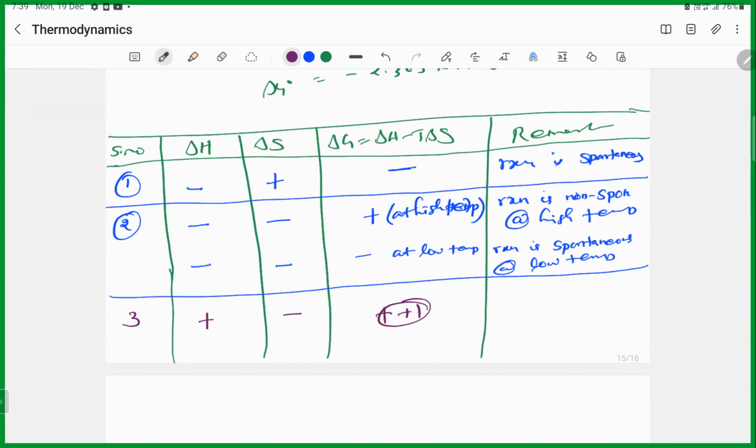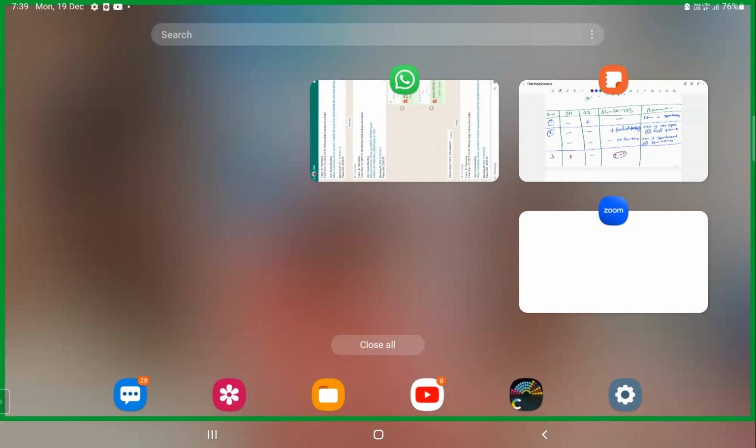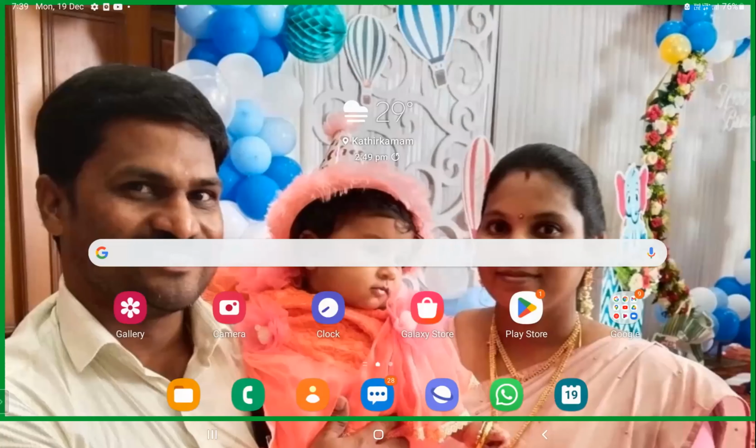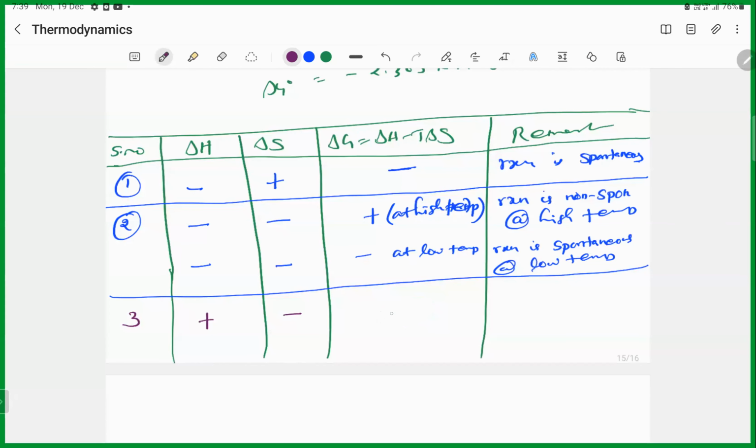So delta G becomes positive. Very good. When it is positive, the reaction is non-spontaneous. So that type of reaction will not happen. That is the meaning.